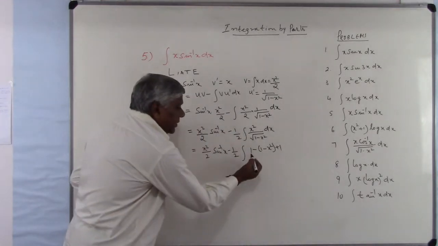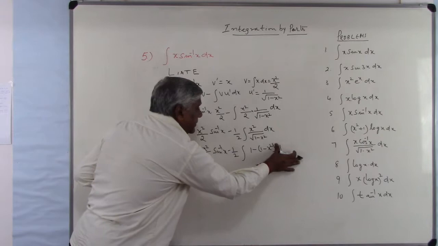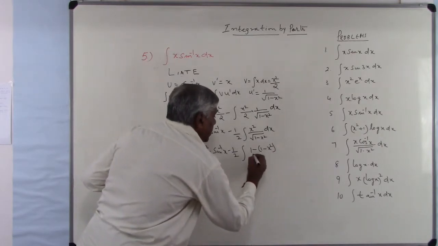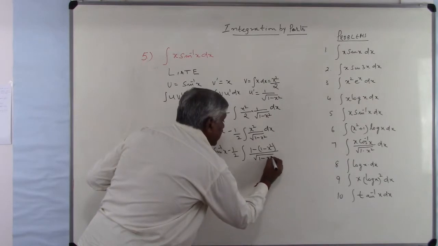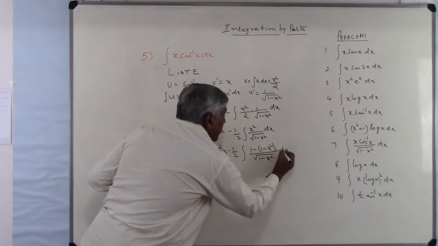We are going to make this adjustment here, divided by root of 1 minus x square dx.